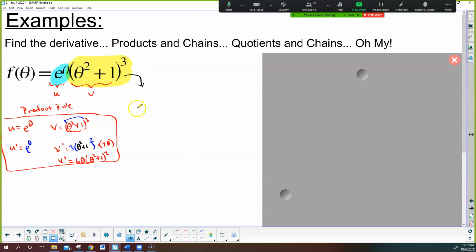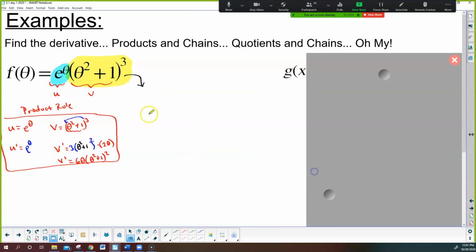All right, so what does that mean? Well, I can now apply the product rule to this function. So I'm going to take the derivative of the first, which was u prime, and we're going to times it by the original second. So e theta times by theta squared plus 1 to the third power.